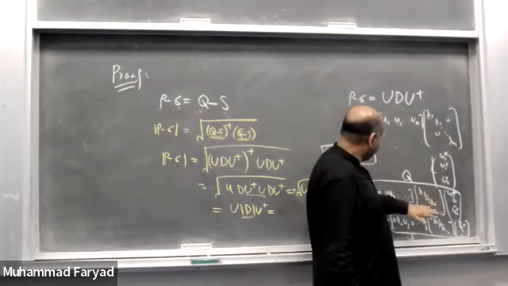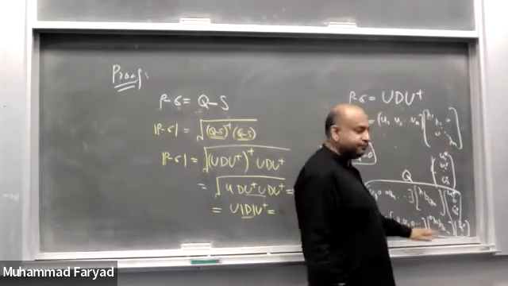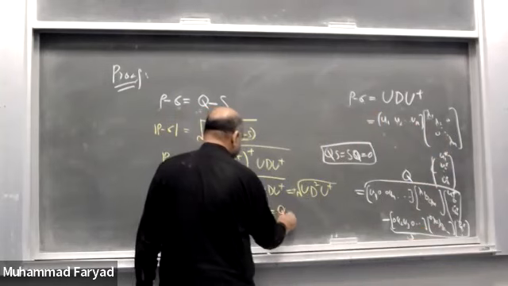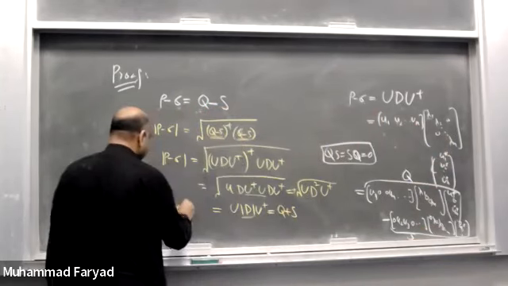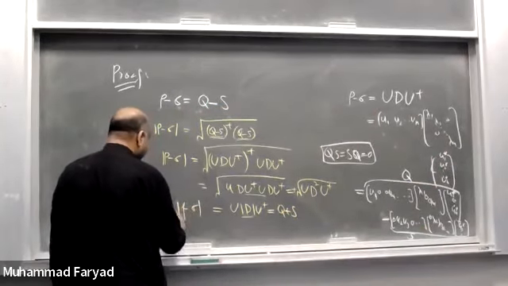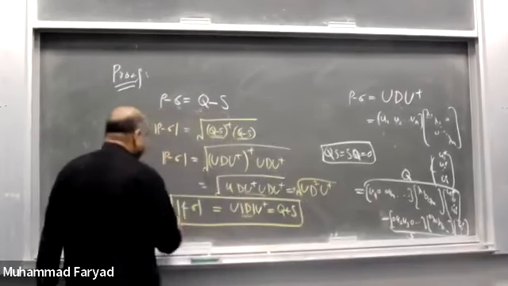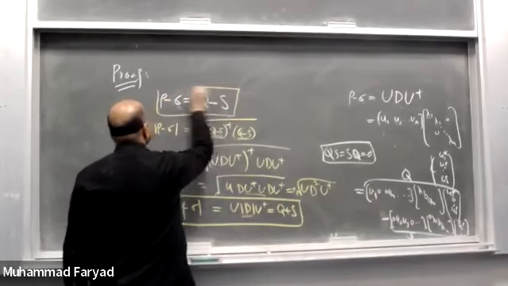So this would basically be Q plus S. So these are two important relations that you will need for the proof.